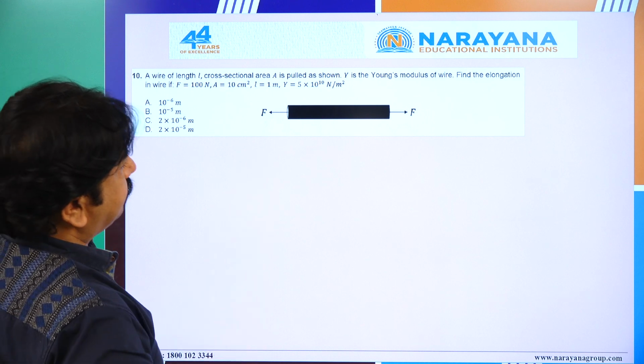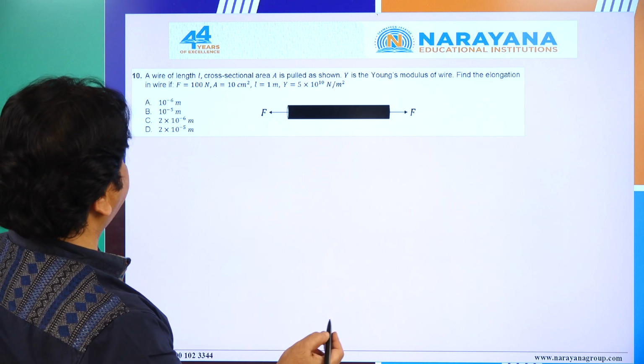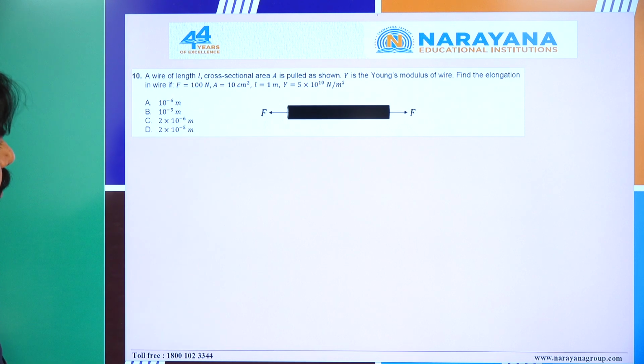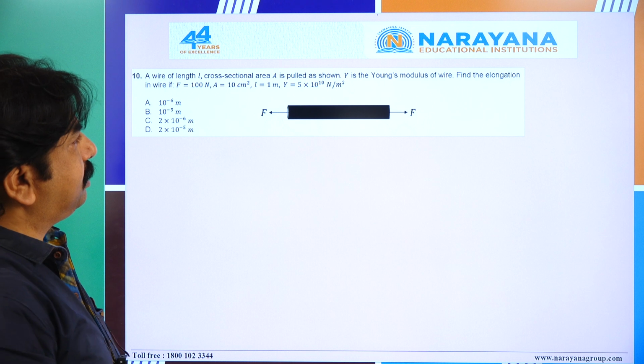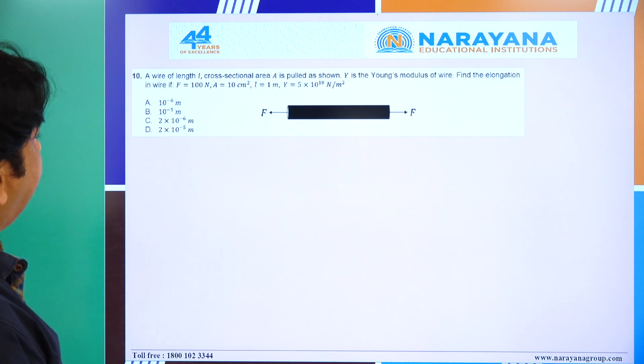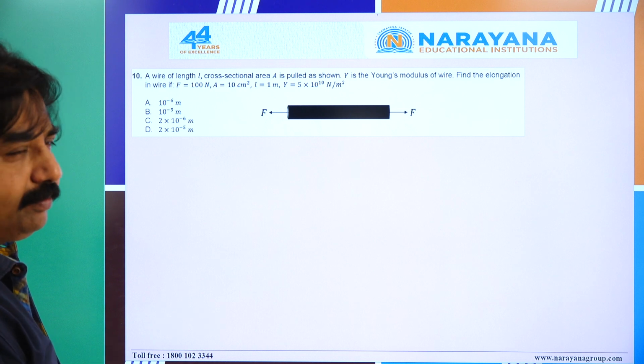Here also we have to find the elongation. Take a wire of length L, cross sectional area A, with the pull as shown, Y is the Young's modulus of the wire, and find the elongation of the wire. F, A, L, Y are given.